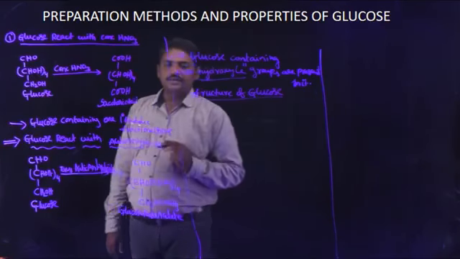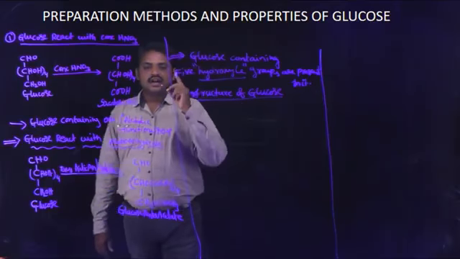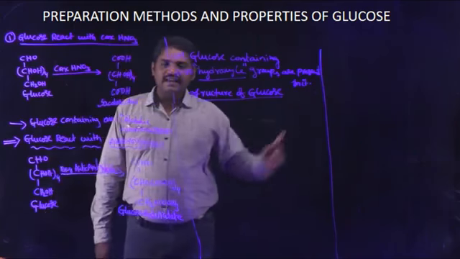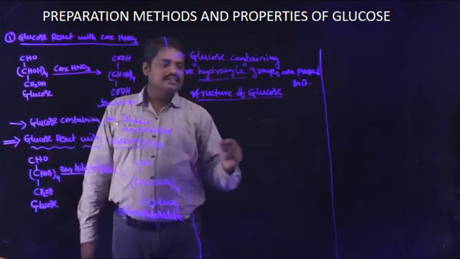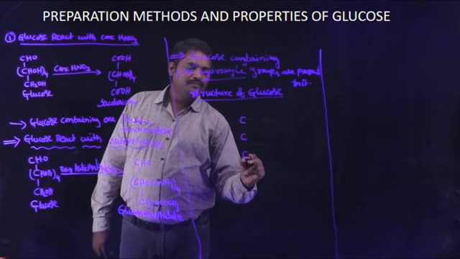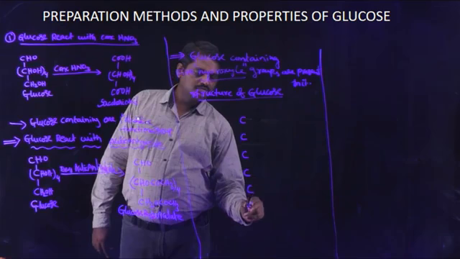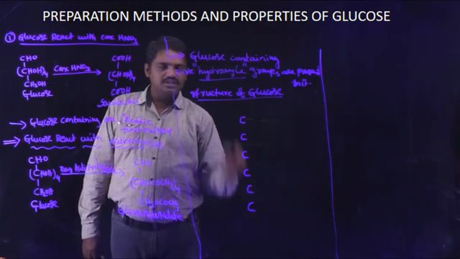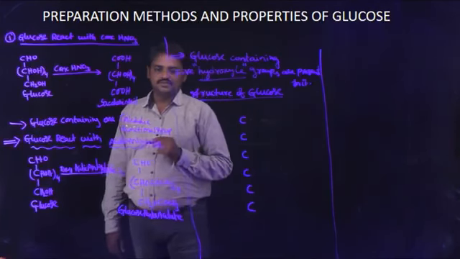The first property, glucose reacts with concentrated HI and is converted to n-hexane, is based on glucose containing 6 carbon atoms. Okay, 1, 2, 3, 4, 5, 6.